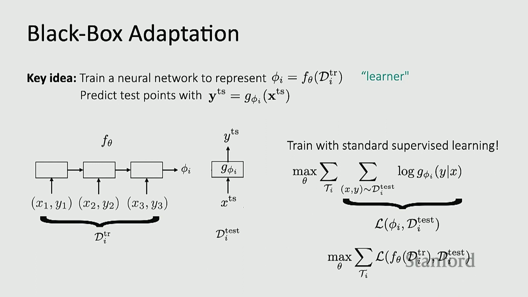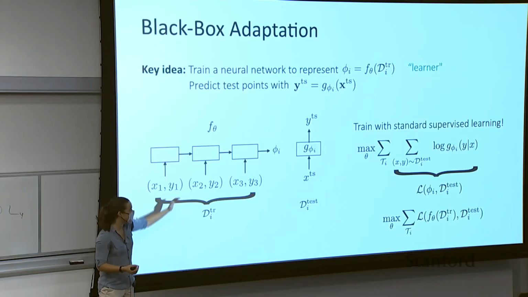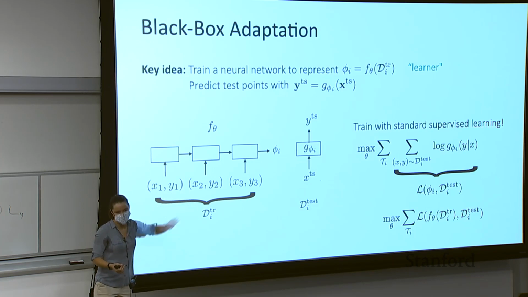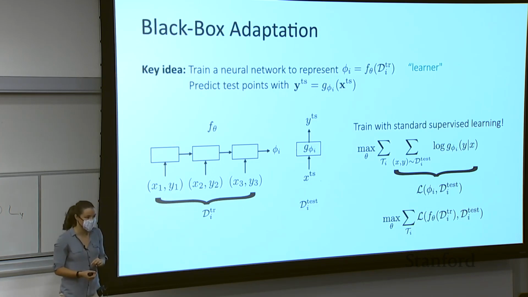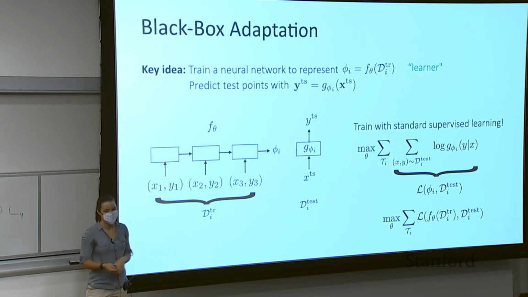It's essentially something that this network is producing. The neural network is outputting weights of another neural network, and that output is being used as weights of this network g here. And so phi i isn't something that you actually represent separately. It's something that this neural network is producing.